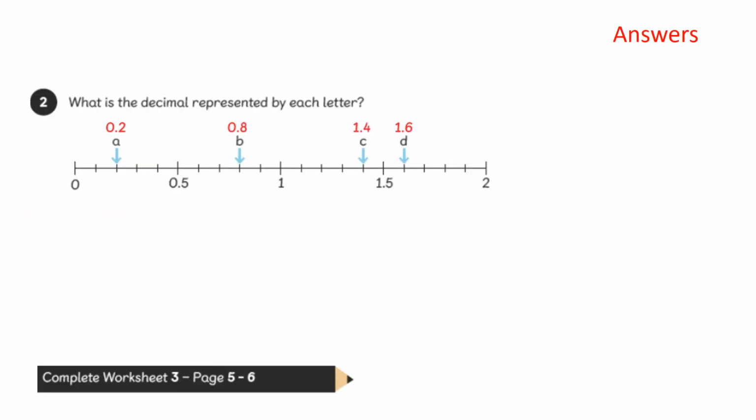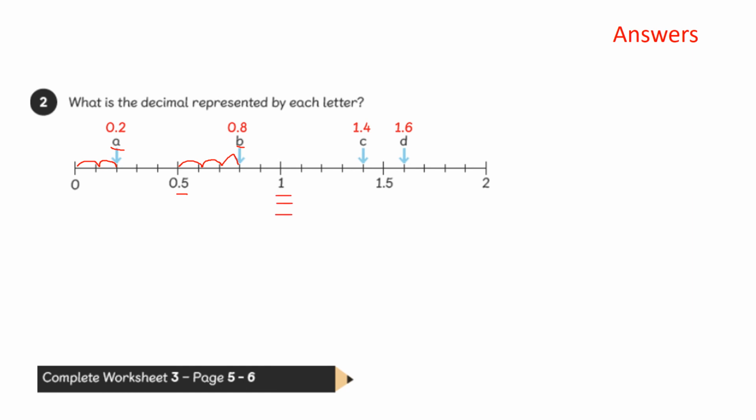Okay guys, so here we have the answers to question 2 of guided practice. Hopefully that went well for you and you're feeling super confident. So we worked out just on the previous slide actually that finding this letter A represented on the number line would in fact be 0.2, and we started from 0 and counted along. We then got to B. Now I'm hoping some of you might have even started from 0.5 and counted on to 0.6, 0.7, then 0.8.